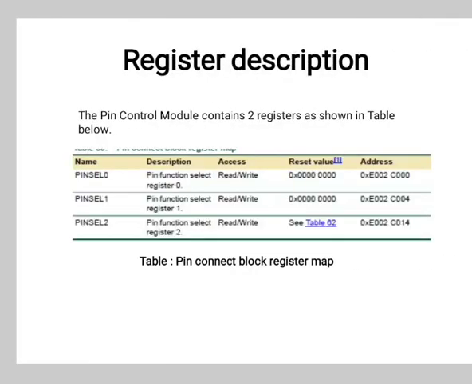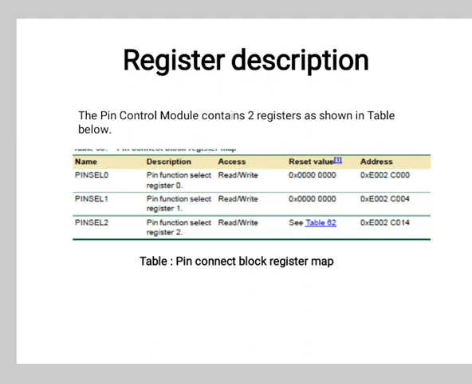The pin control module contains the registers shown here: PINSEL0, that is pin function select register 0, PINSEL1, that is pin function select register 1, and PINSEL2, pin function select register 2. All of these have read and write access.